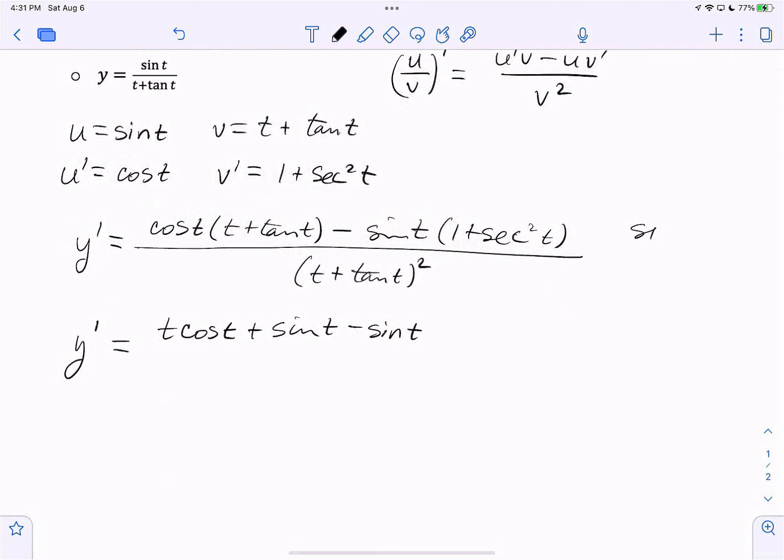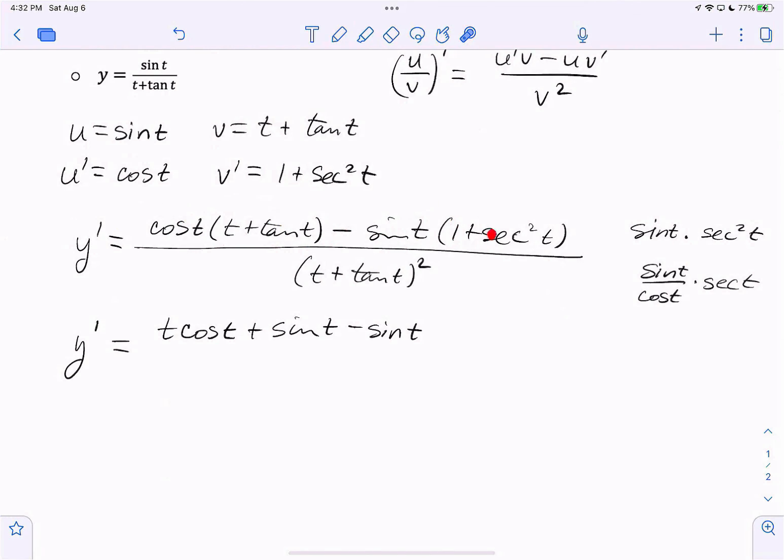Now when we consider the sine of t times the secant squared of t, that secant squared is 1 over the cosine squared, right? So what I'm going to do is take one of those and put it as a denominator for the sine of t, and then I'm going to keep the other one as the secant of t.